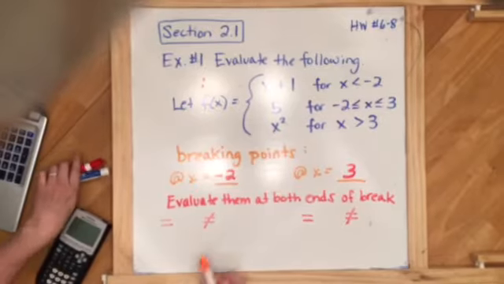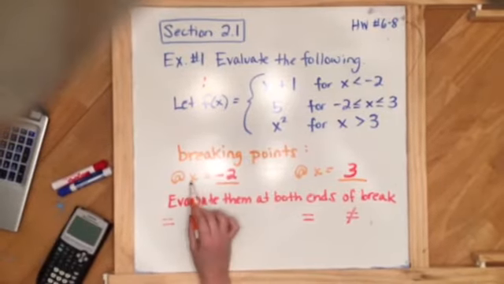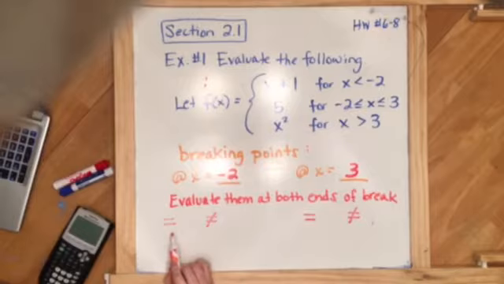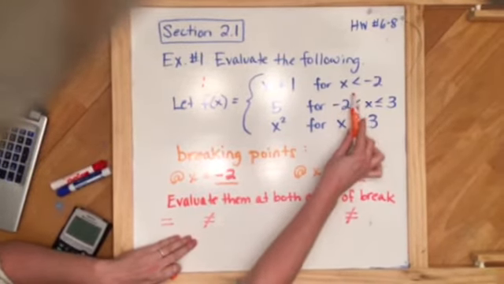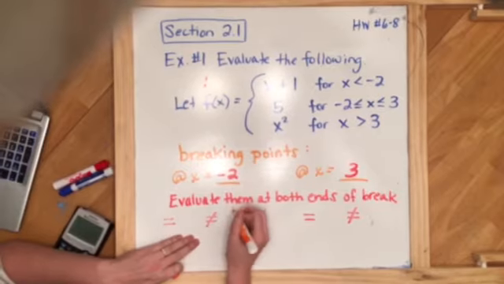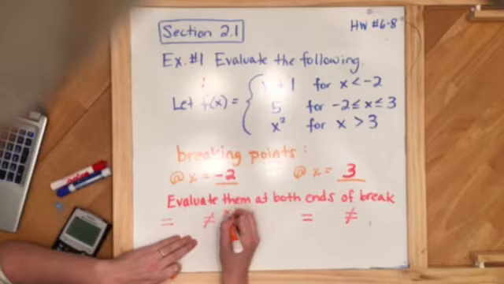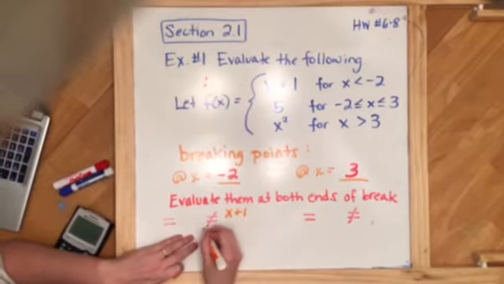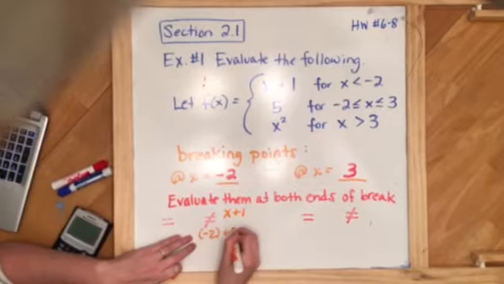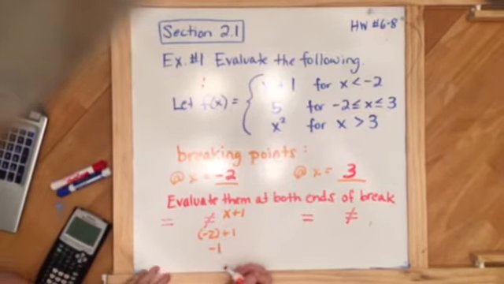So we're going to evaluate the function at x is equal to -2 for when it's not equal to -2. Okay, so that would be here at x plus 1. All right, so for x plus 1, when I plug -2 in for that, -2 plus 1 is just going to give me -1.